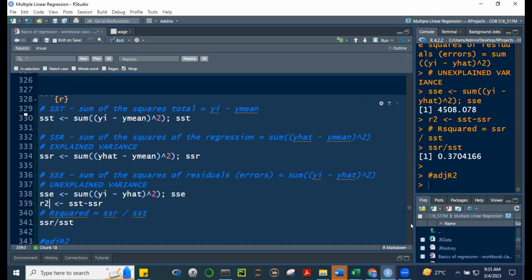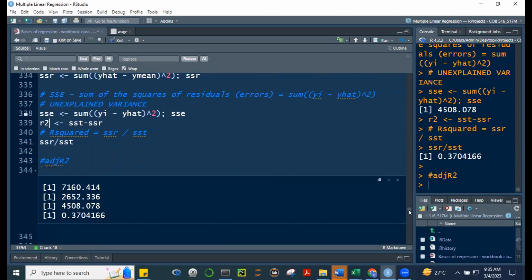Run again. So our R2 is the difference, and then the ratio is, sorry, what happened here? SSE, this one.